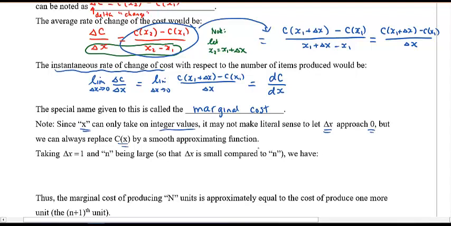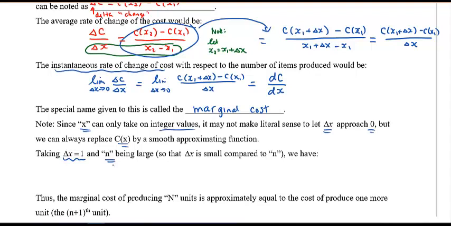The smallest delta X could be is probably 1 item. So if n, the number of items you're producing, is really large, like 100 million, then 1 compared to 100 million is really, really small. That's pretty much like it being equal to 0.